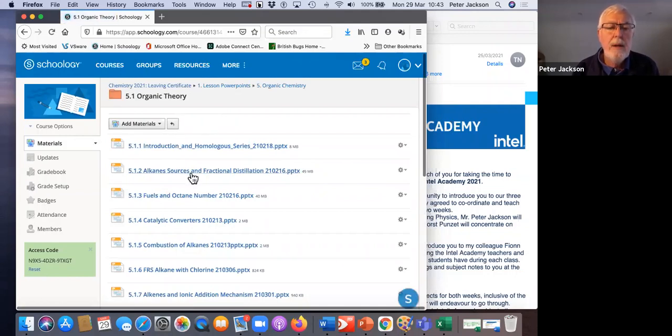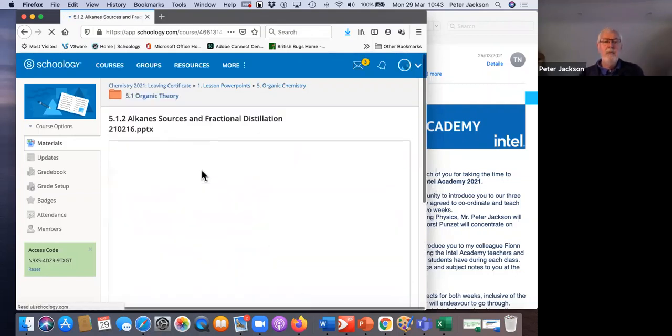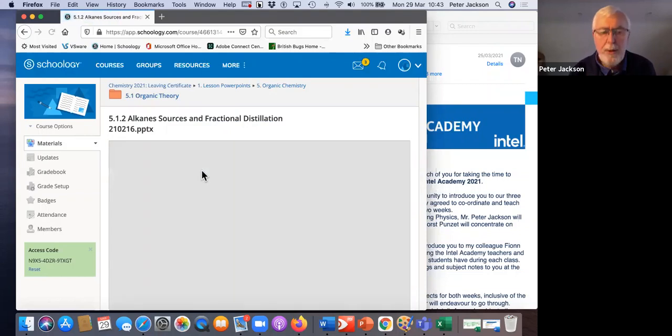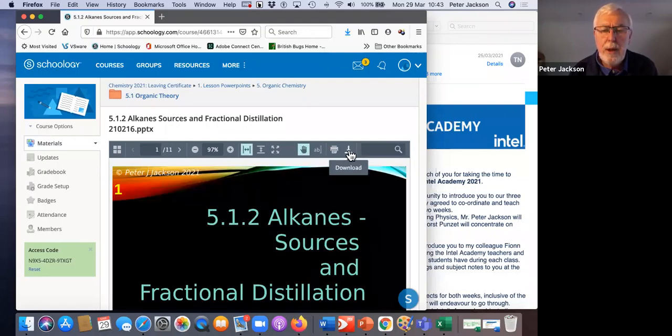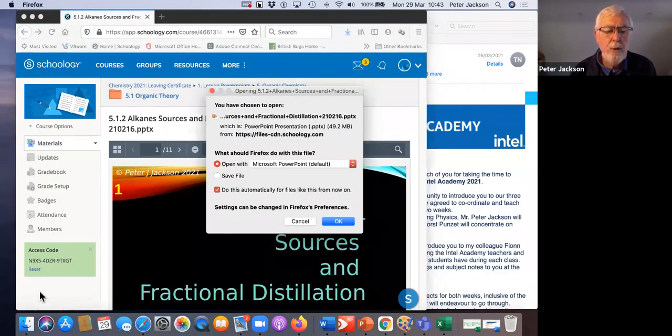And we're going to talk now about the alkanes, their sources, and fractional distillation. Quite a common topic. When you get onto it, you'll see the download symbol. There's the download symbol. You click on that. It will probably appear here in your one, and it will ask you to enable editing.